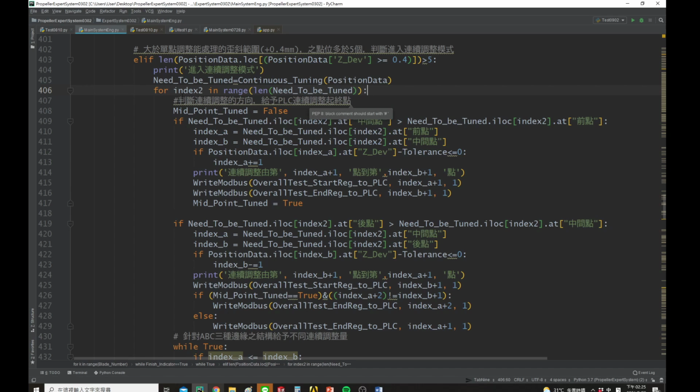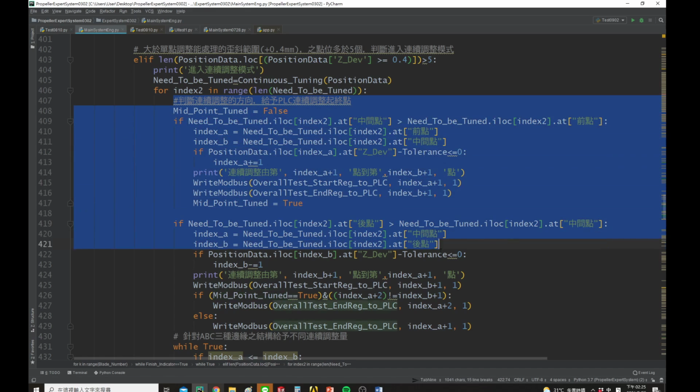So now these codes are for deciding the direction of the groups of the tuning interval, like yesterday you told me.